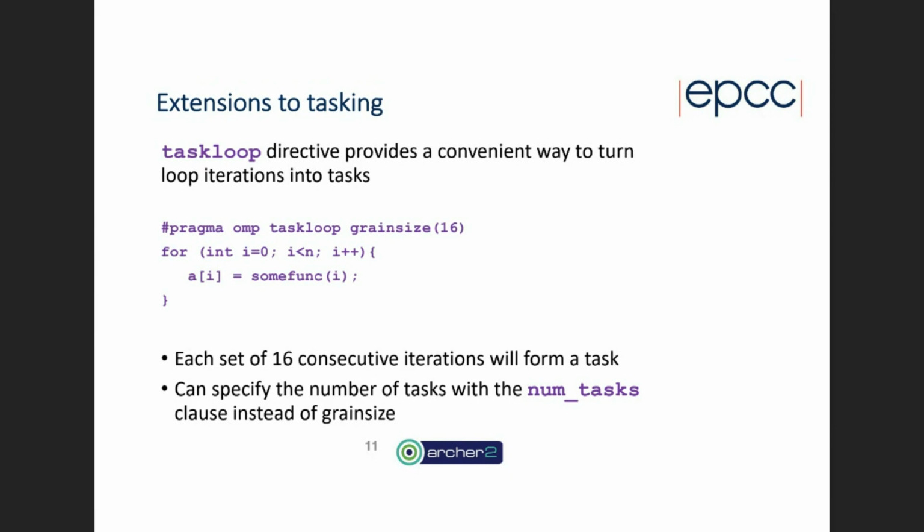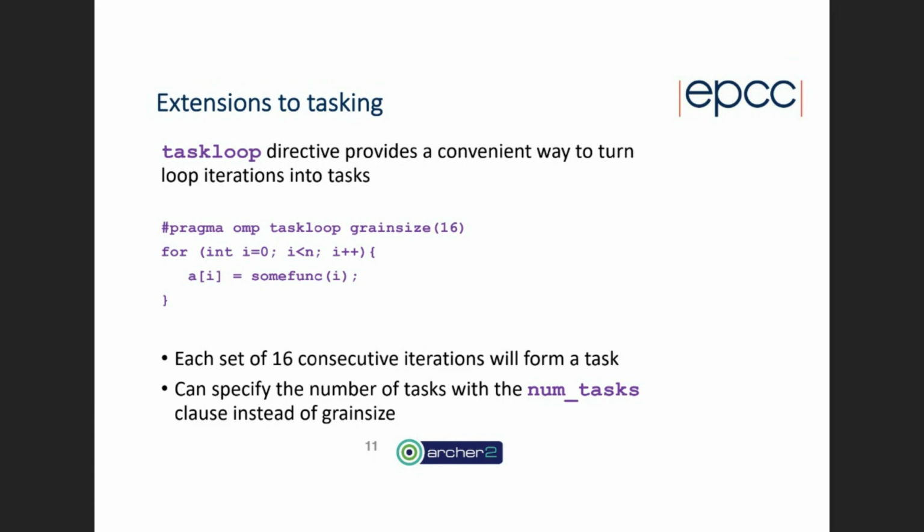Okay, there have also been quite a few extensions to the tasking in OpenMP. I'm not going to cover them all, just mention a couple of the more interesting ones. The first one is the taskloop directive. This provides a convenient way to turn loop iterations into tasks.